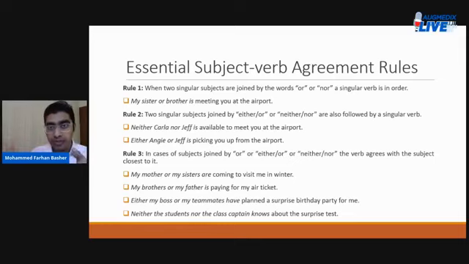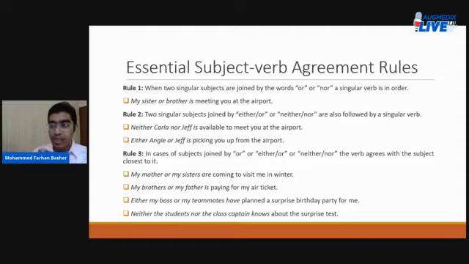What do we do in those cases? Which verb do we go for? Do we put a singular verb or a plural verb after the subject phrase?